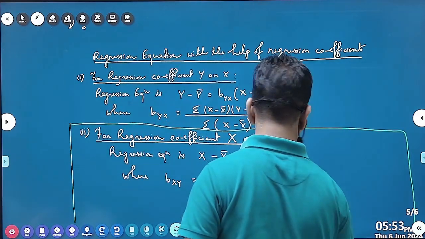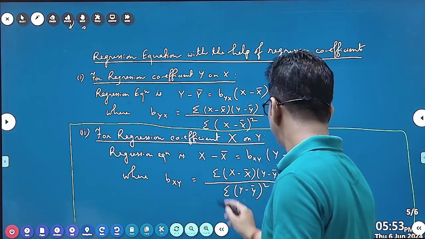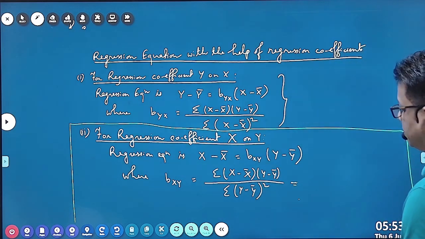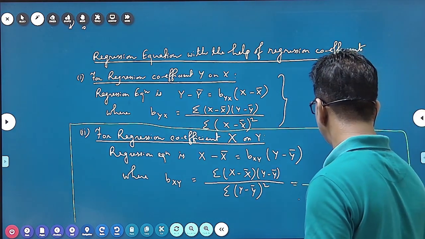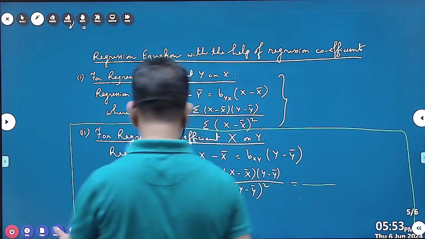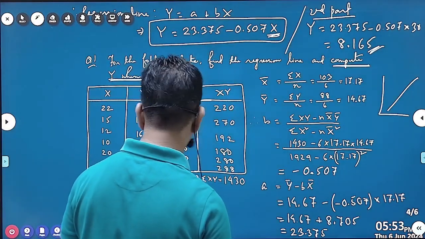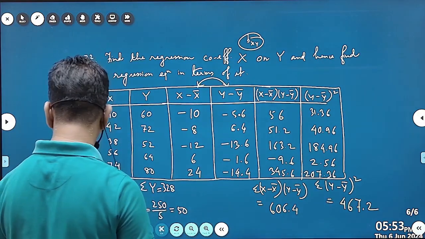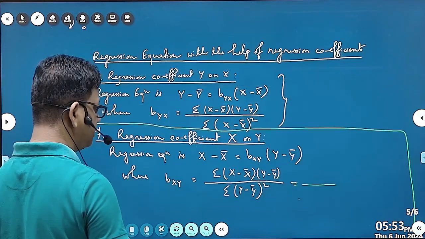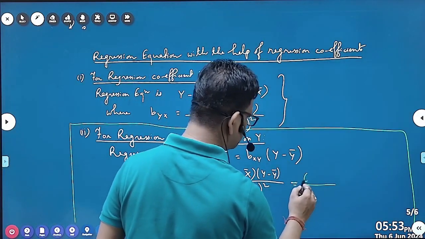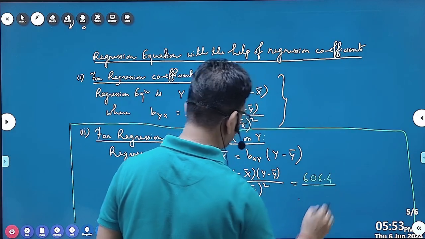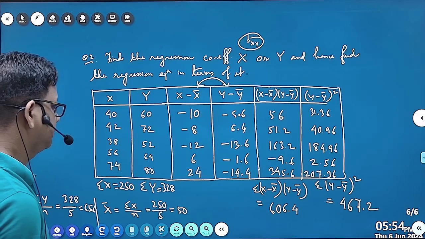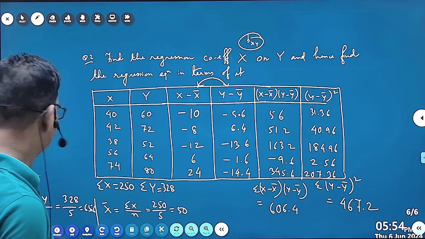We are doing this question, okay? Now, b of this regression coefficient x on y. So this number from the table you can see, 606.4, yes or no? And the other one is 467.2.